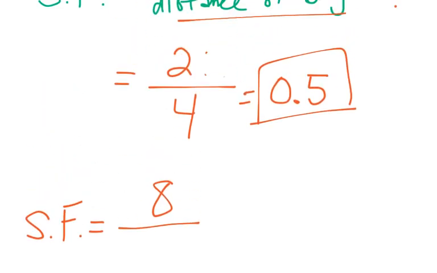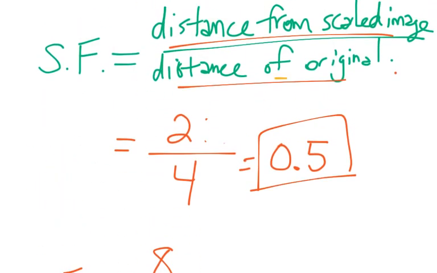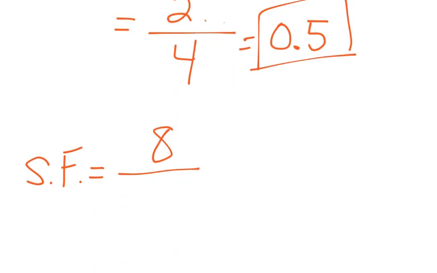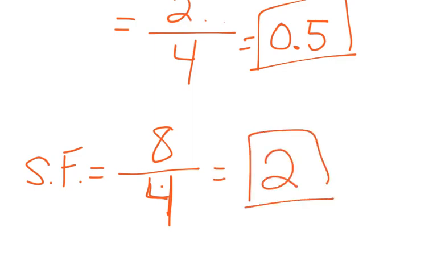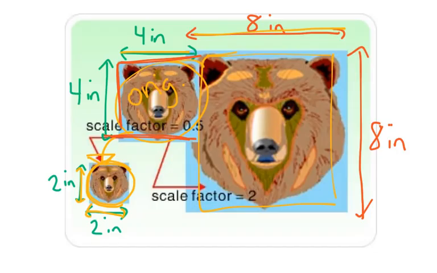The scaled image was 8 inches by 8 inches, and I'm going to divide that by the distance of the original, and we know that the original was 4 inches. If we calculate 8 divided by 4, we get 2. So the scale factor used for the enlargement was 2, as you can see right there.